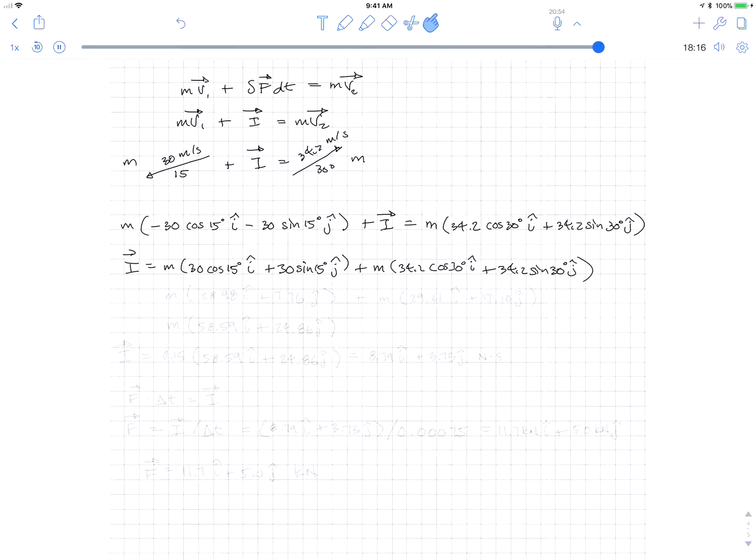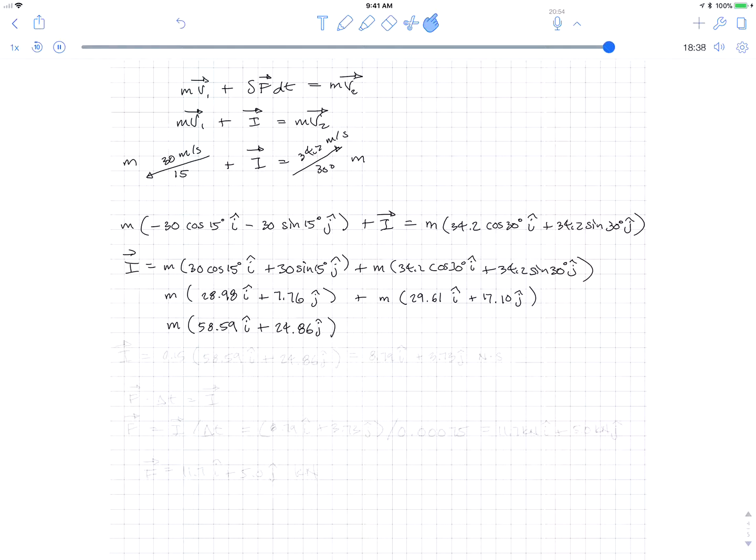And let me punch that out and get back to you. So plugging in all the sines and cosines and multiplying it out gives this. Okay, and then I'm going to collect all the i and j terms and come back. And collecting all the i and j terms gives this.